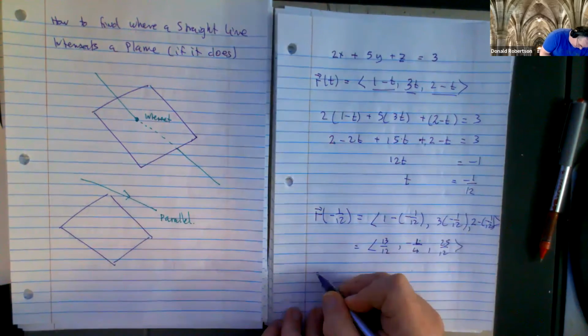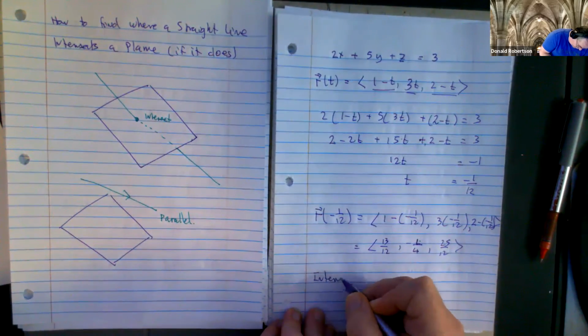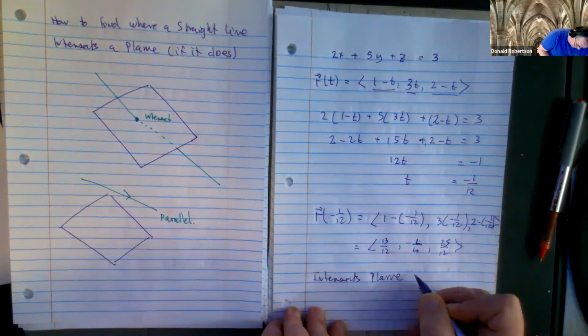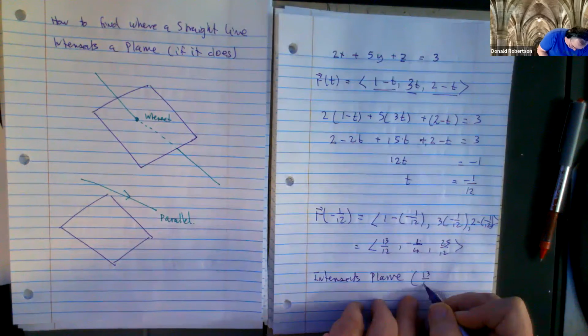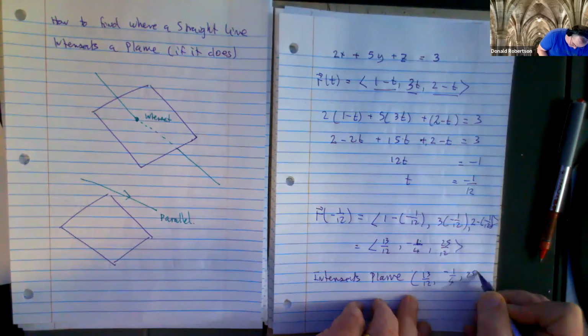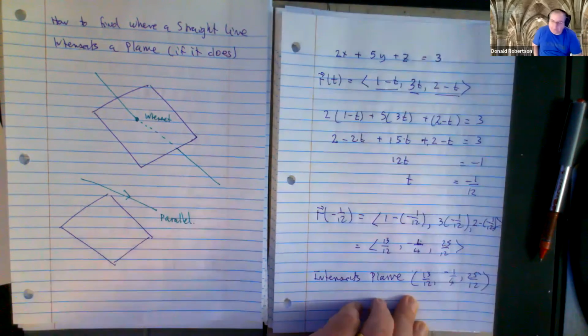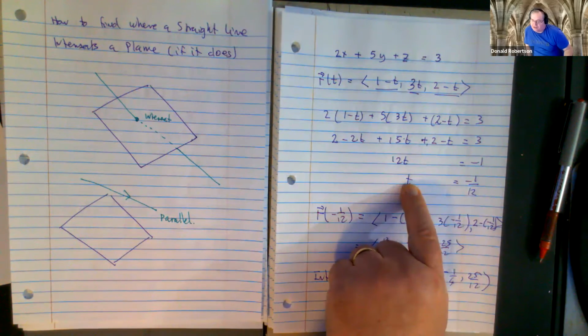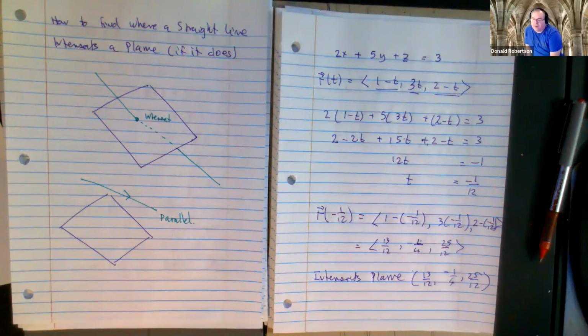And so the line intersects the plane, and it does it at the rather ugly coordinate, that guy. Now, if you cannot solve the equation, because the variable t's disappear on you, you will treat that as a parallel situation, right?